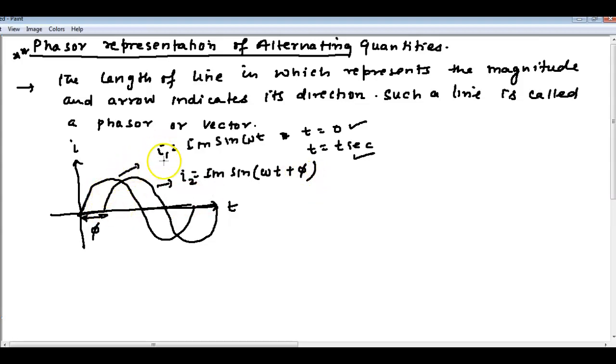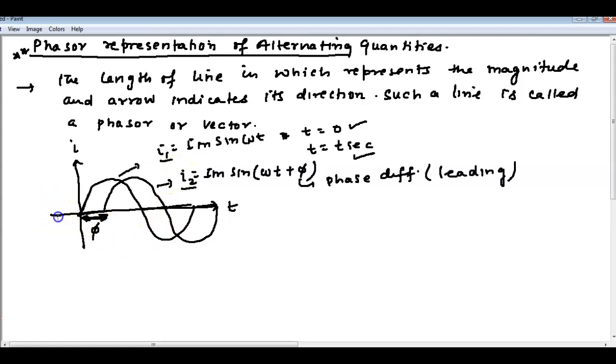That gap is called the phase difference, phi. Getting it? Since it goes after I1, this phi is positive, and that's why it is called leading. This current I2 is leading by phi from I1, right?